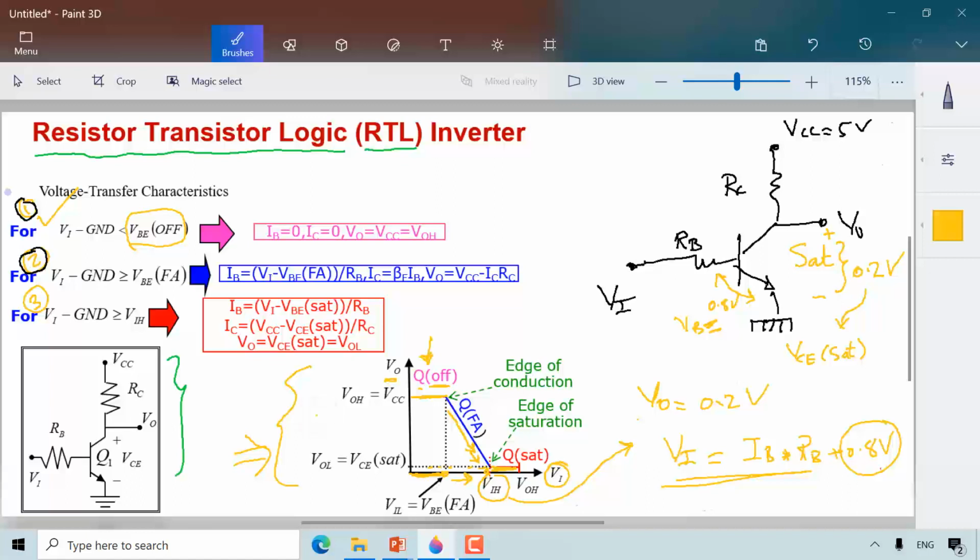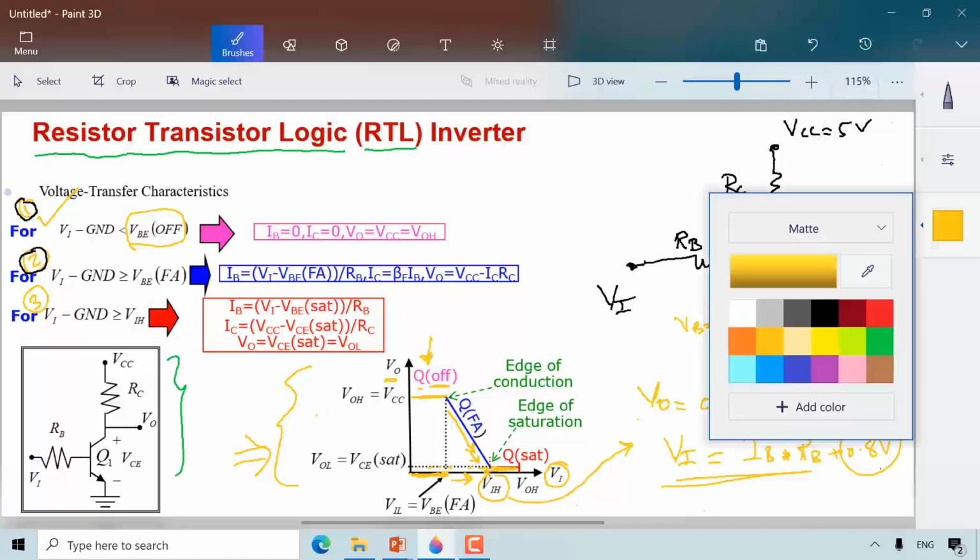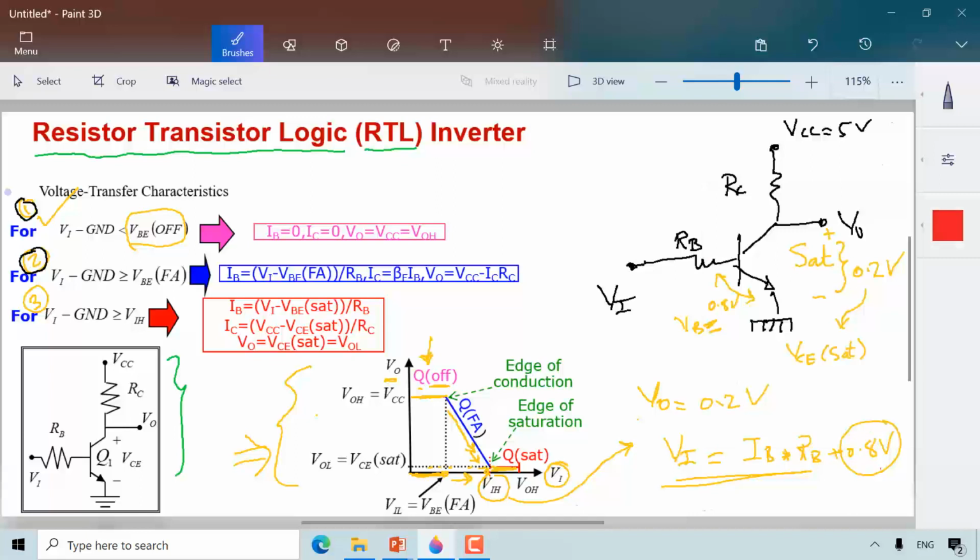Eventually I'm going to get this curve, which is the transfer characteristic of an inverter. When my input is low, my output is high. When my input is high, my output is low, and there is a transition value here.